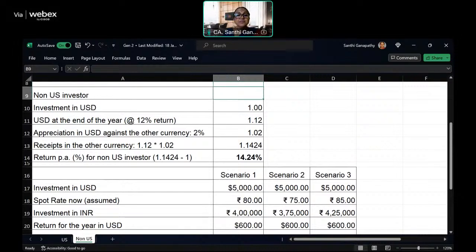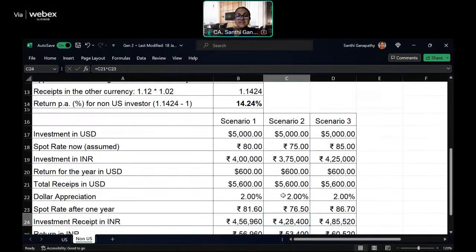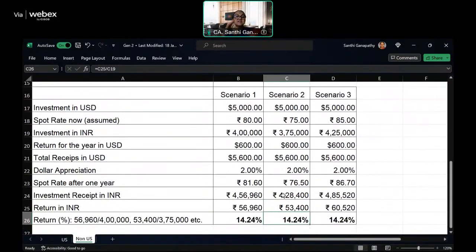So you can take USD INR. You can look at it as the investment being made by an Indian. Now you can assume a spot rate. Any rate you want to assume, 80, 75, 85, anything. Then make the investment. You know 600 is the return.